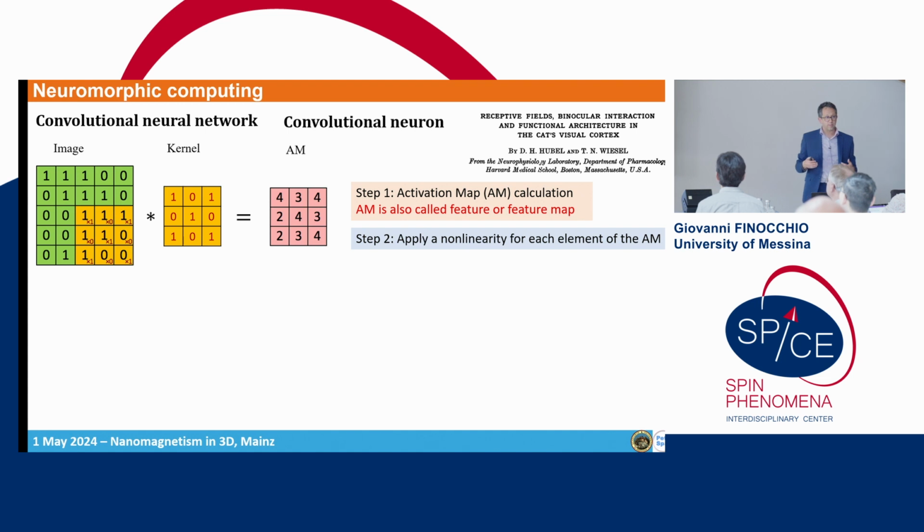So basically now, the MAC operation is done between the input, which can be an image, for example, and filters. And you do this operation, as you can see here, and then you create the so-called activation map. And this activation map can extract information from the image in a proper way. And then to each of these elements, you still apply a nonlinearity.